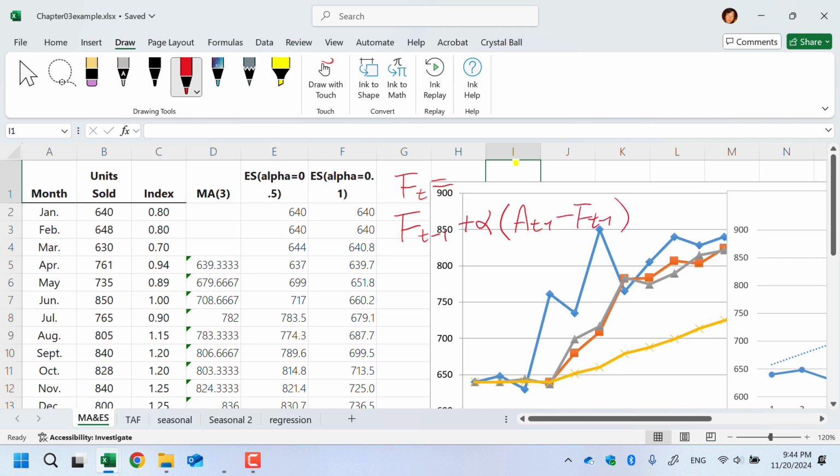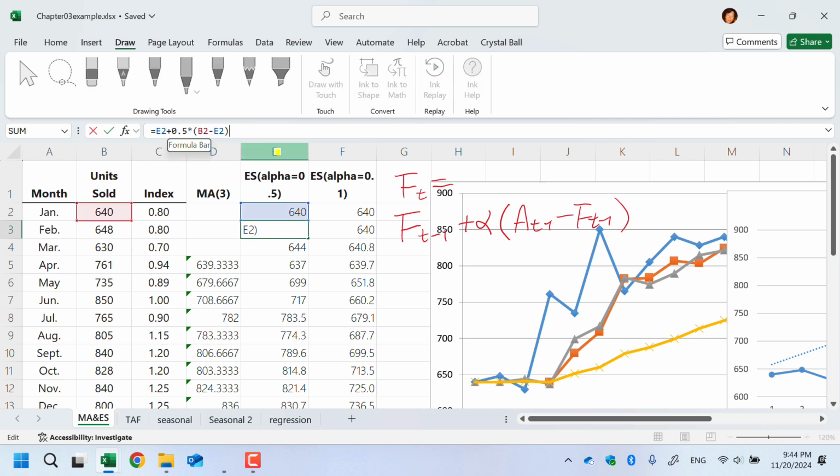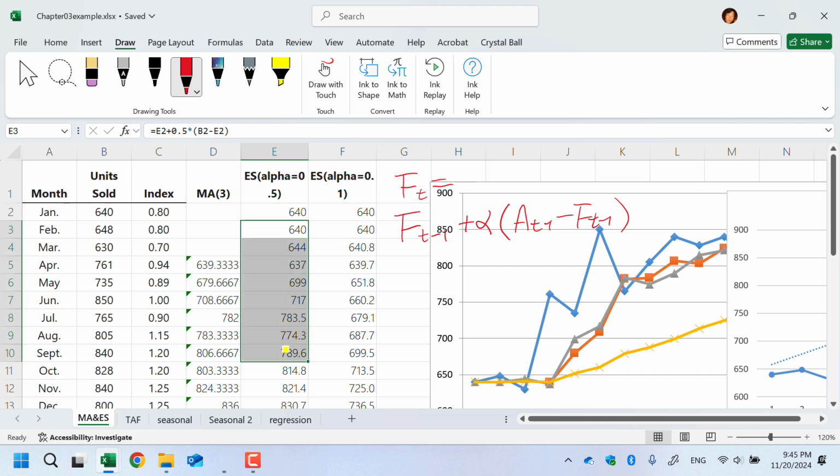So your calculation is something like this. Here, your previous ft, right? So this one is a previous one, E2 is the previous one time plus alpha times previous actual minus previous forecast. And you just copy the formula all the way down, right?